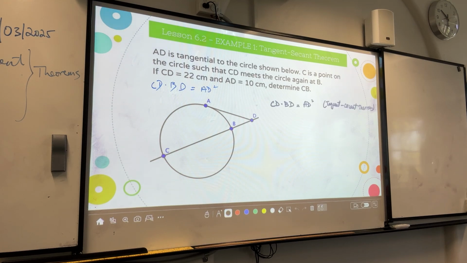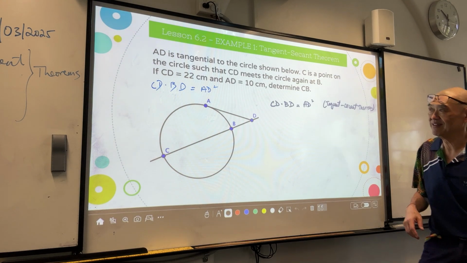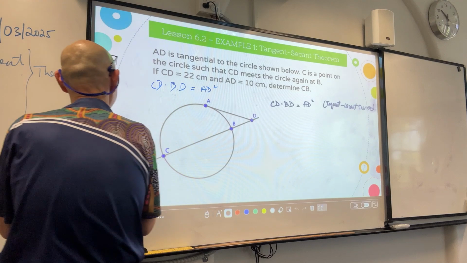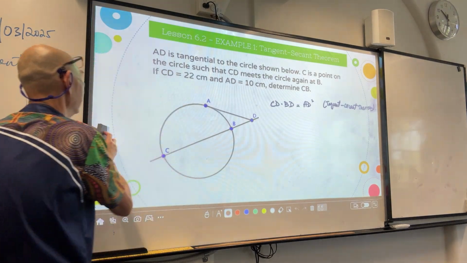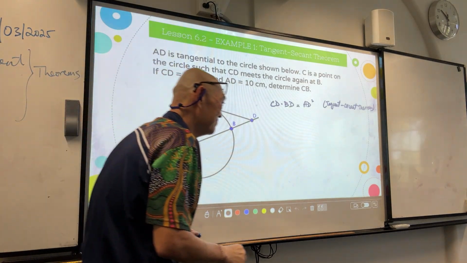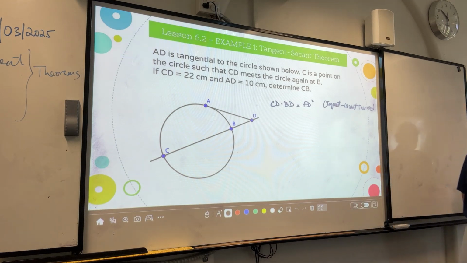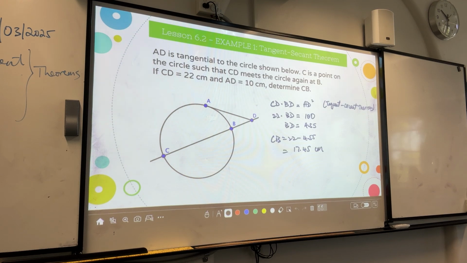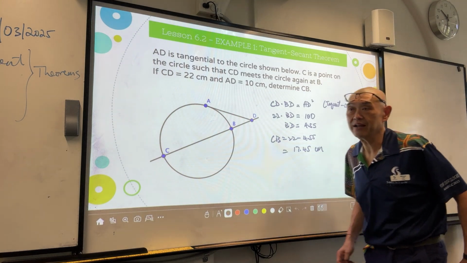If you just write that down, CD times BD equals AD squared is the tangent secant theorem. You should be able to solve it. Substitute the values in, and I would say 2 decimal places will do. All right. Remember your units right at the end.